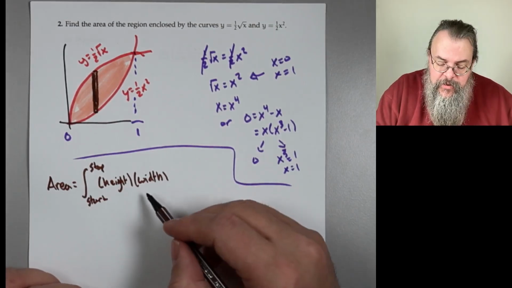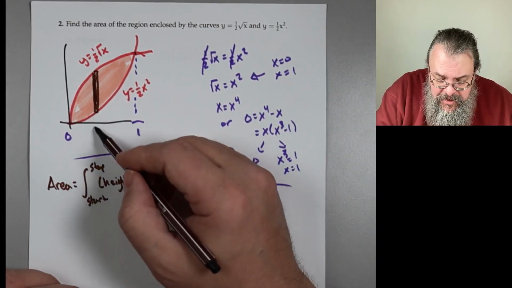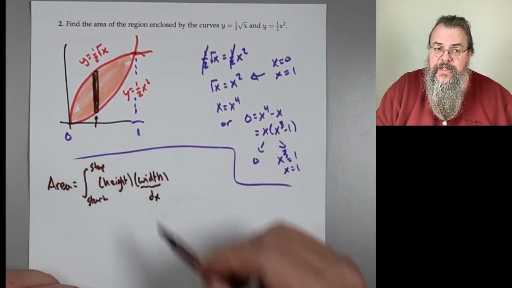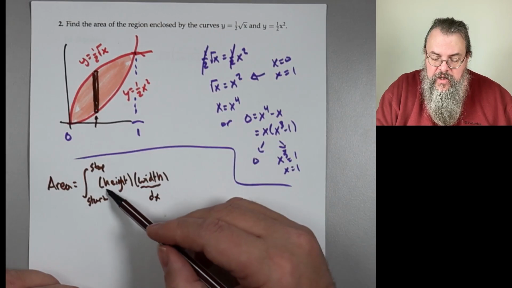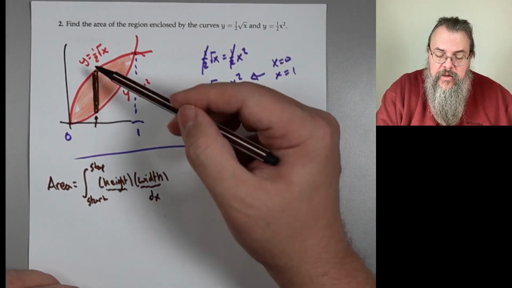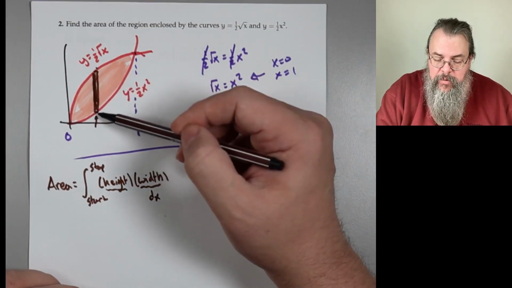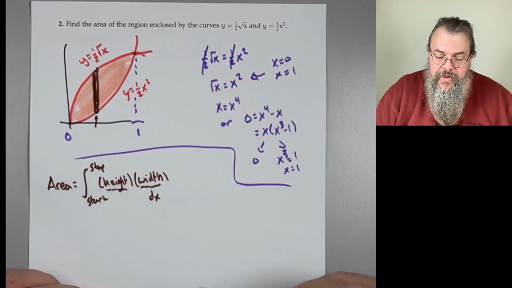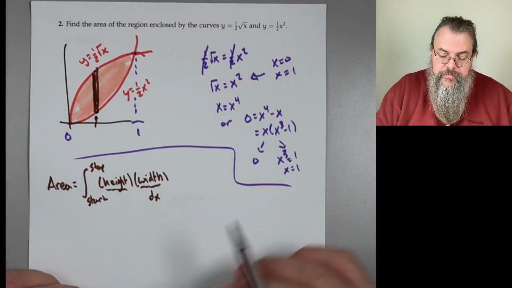Now, what's our width? Well, that's just a little tiny part right here. That's a small change in the x direction. That's our dx. What's our height? That's going to be the top minus bottom, going from curve to curve. So it's important to make sure you know which one's on the top and which one's on the bottom.